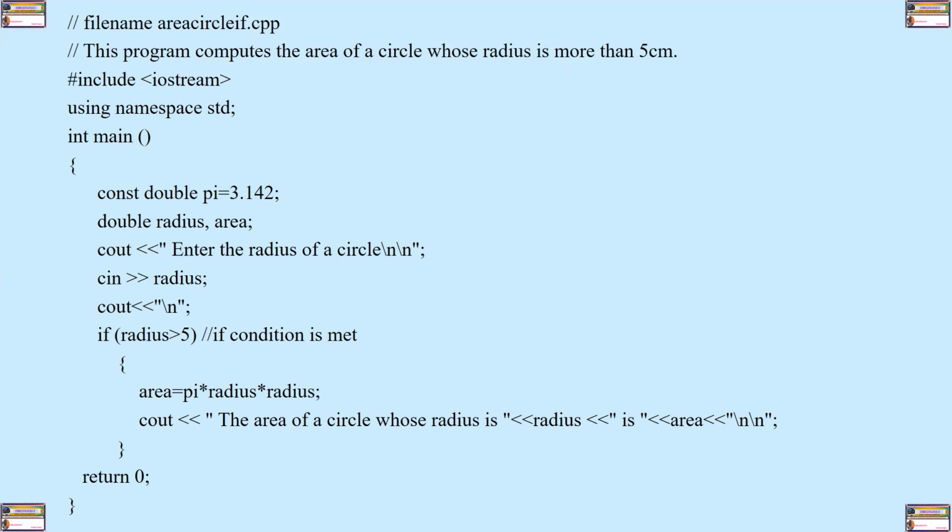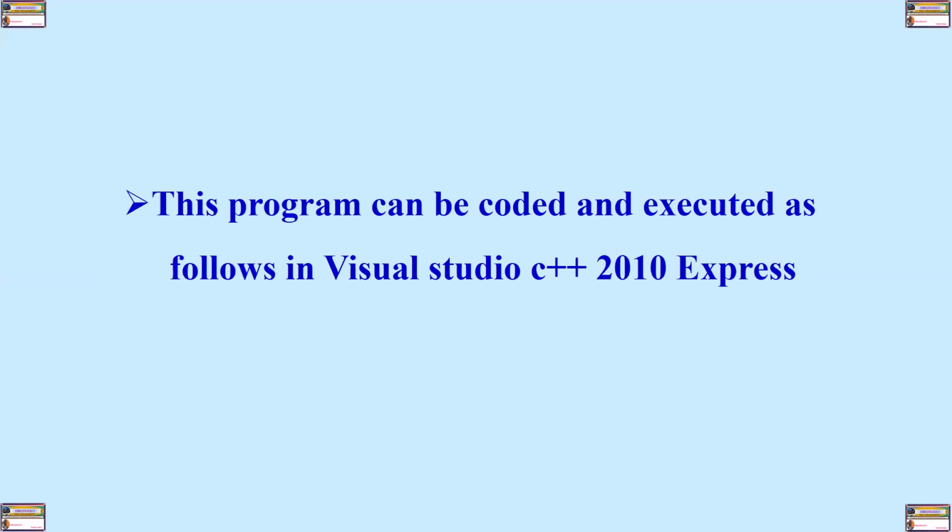Otherwise, nothing is done. So there's no second alternative for if false. So the following is an example of how this program will look like when output. This program can be coded and executed as follows in Visual Studio C++ 2010 Express.